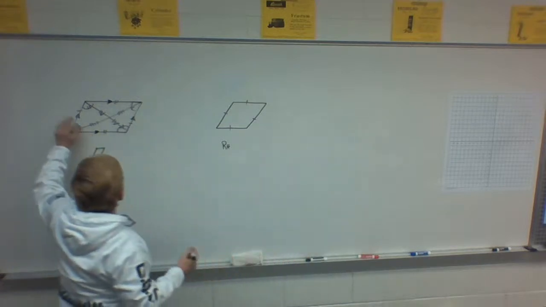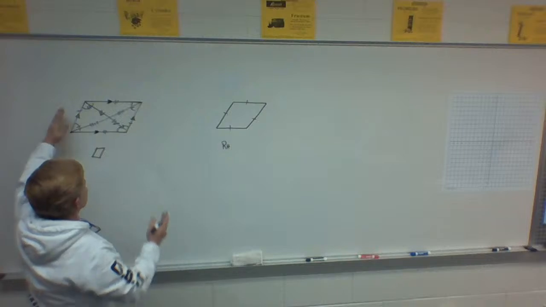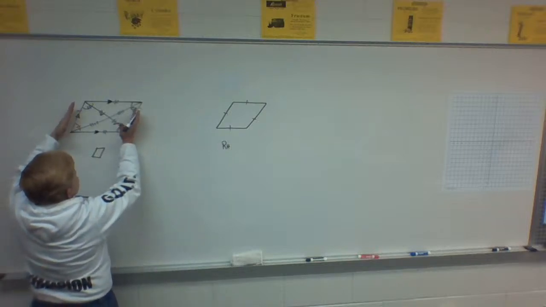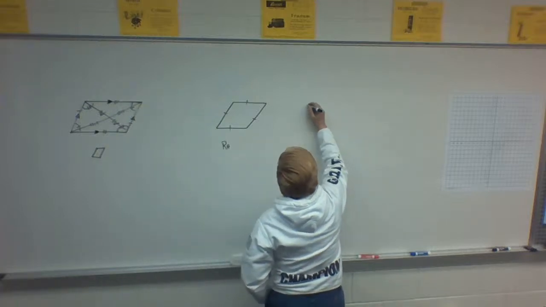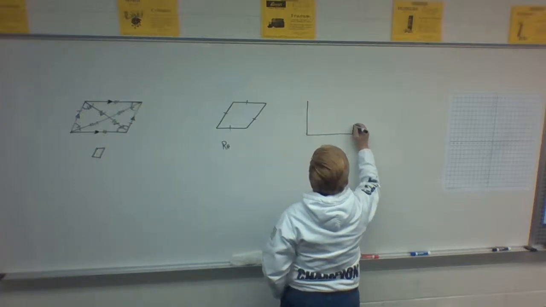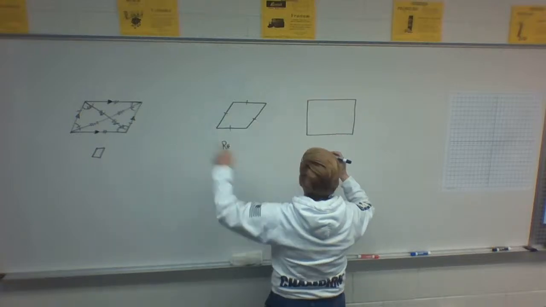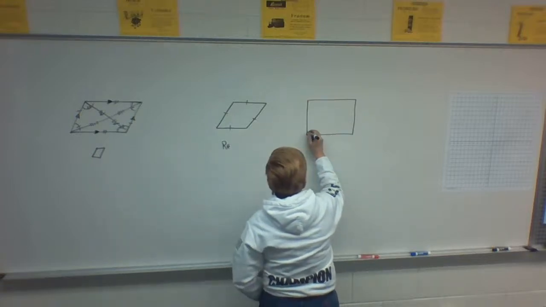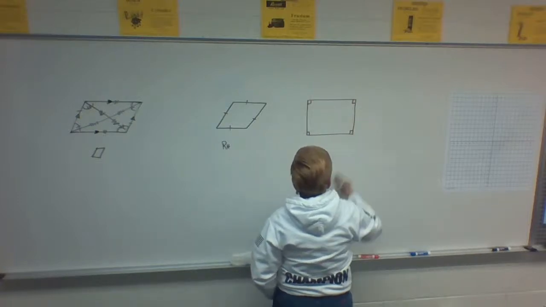If I take this plain old generic parallelogram with all these properties, and I stand it up straight so that it looks like this, so that we add an extra property to it. That is, it's that same parallelogram, but now all of its angles are right angles. Now you have a rectangle.